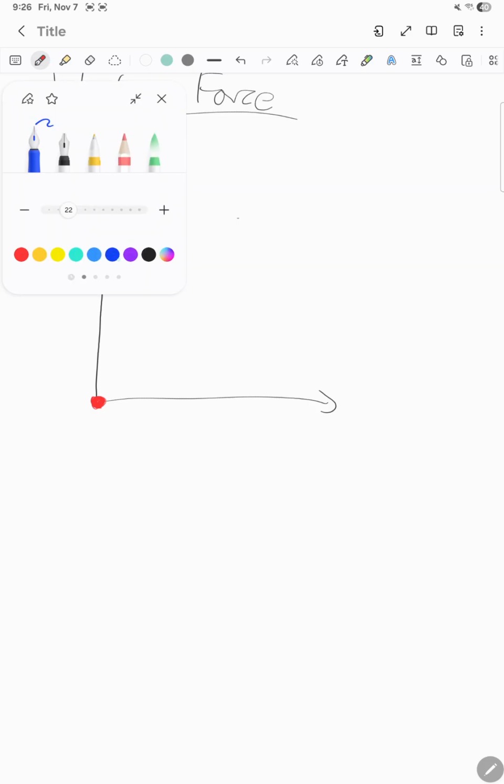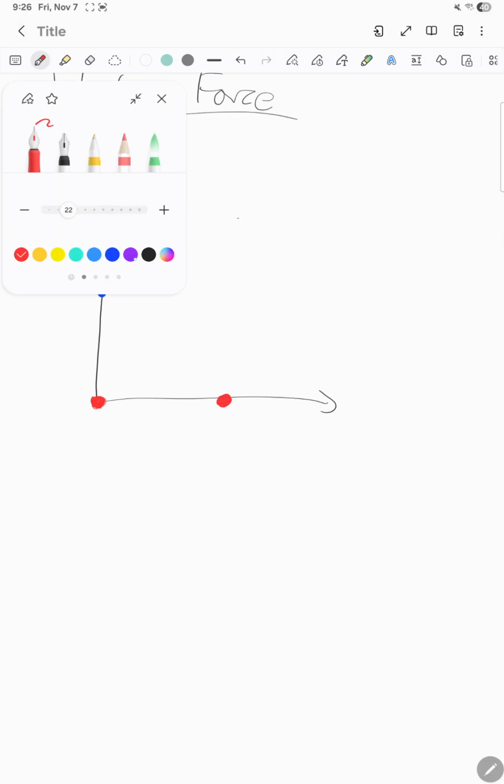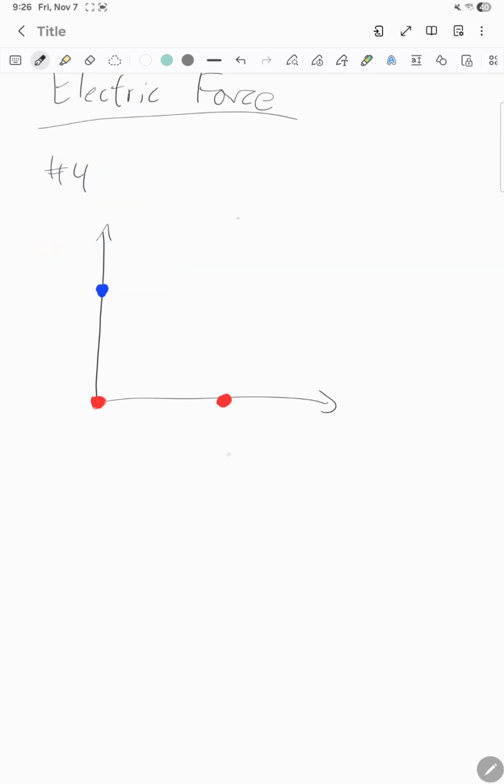And then Q2 is 30 centimeters above Q1. And Q3 is right here. So Q3, Q1, and Q2. Q2 is at 3 centimeters, or I guess you could say 0.3.